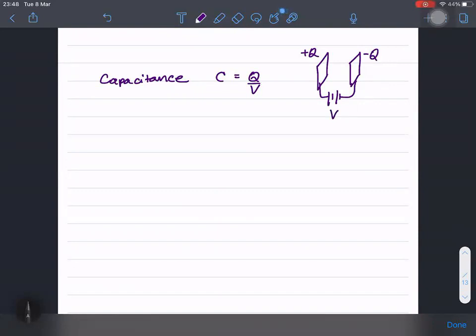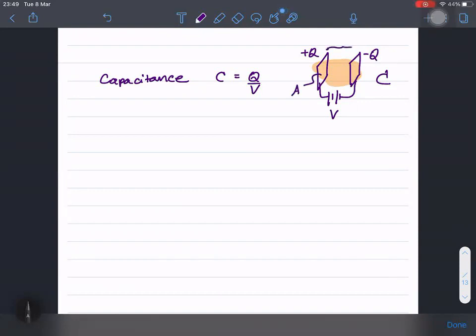So C from this would be defined as Q over V, right?